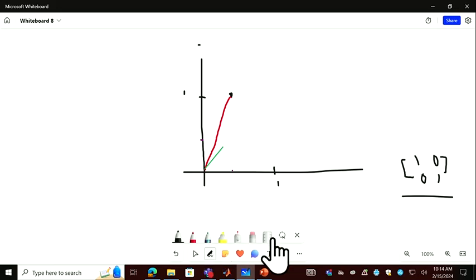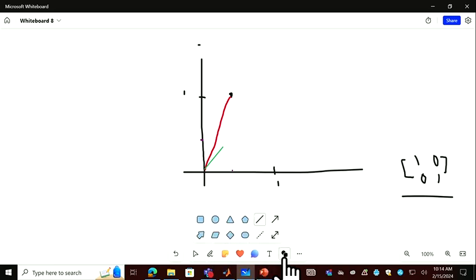But I want to use my b, and it's orthogonal, so I want to use b and also, see, this is the bx, this is the by. So I want to use this as a new system. Okay, make this longer.